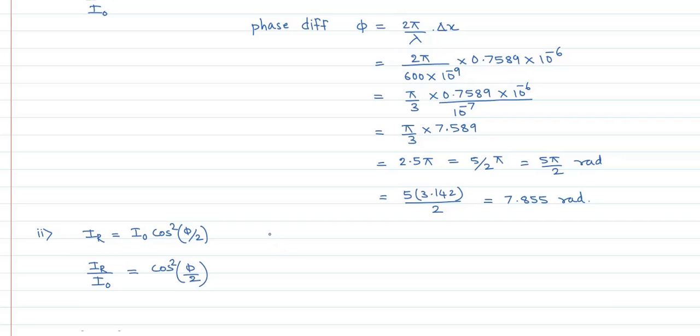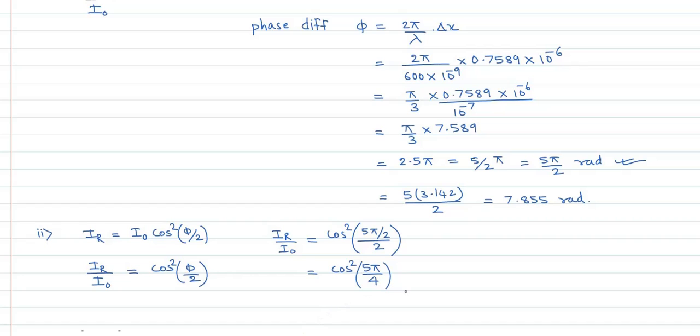So now substitute. IR by I naught is cos square of phi, which is 5 pi by 2 (phase I am taking in radian), divided by 2, equal to cos square 5 pi by 4.